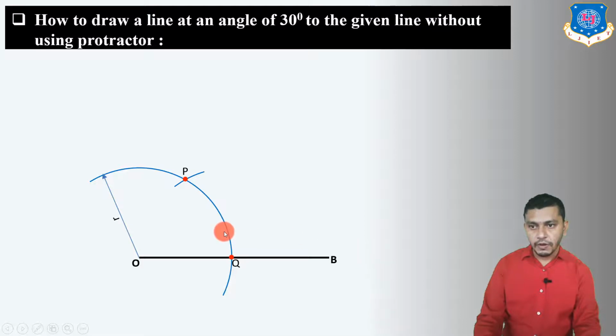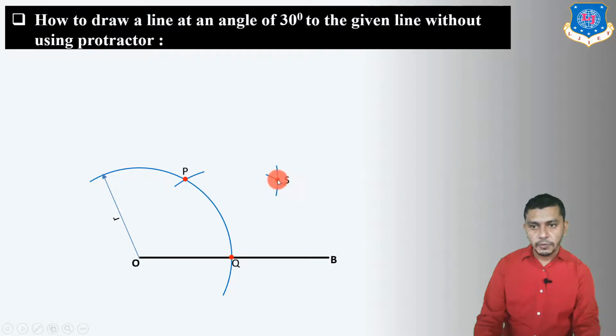For that, by taking center at P and radius equal to R mm, we have to give an arc over here. Right now we have given this arc from point Q with radius R mm, and again by taking center at P, we have to give an arc over here.